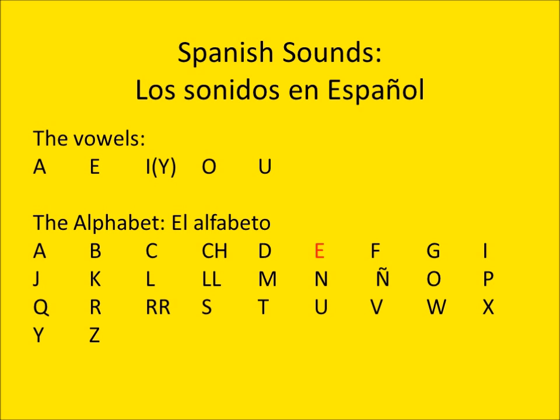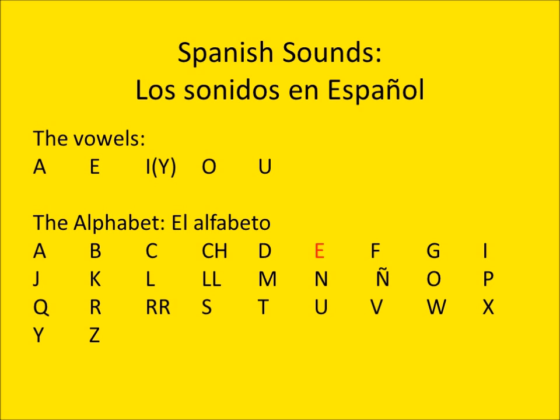We have the letter E. I put it in red. The reason I did that, I want to call your attention because this sound is very repetitive in the Spanish alphabet. You're going to hear that sound a lot at the end of the letters.